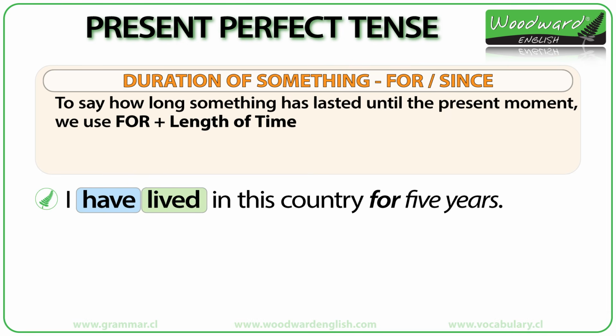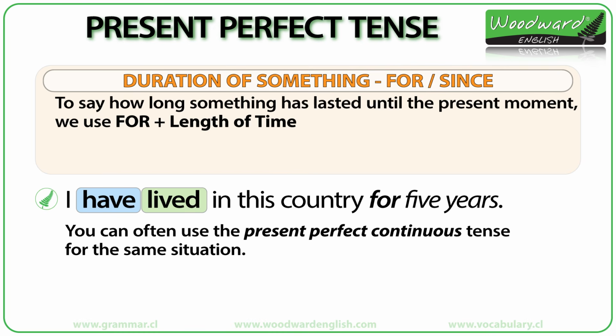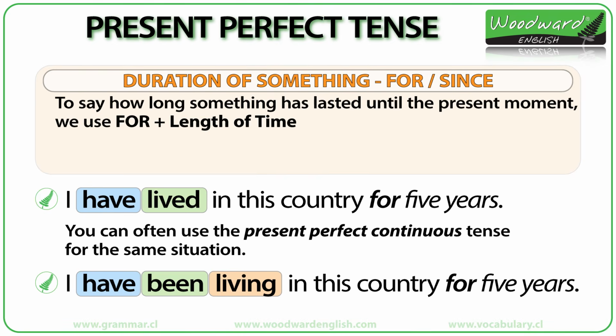For example, I have lived in this country for 5 years. 5 years in total up until today. You can often use the present perfect continuous tense for the same situation. I have been living in this country for 5 years. We will compare these two tenses in another lesson.